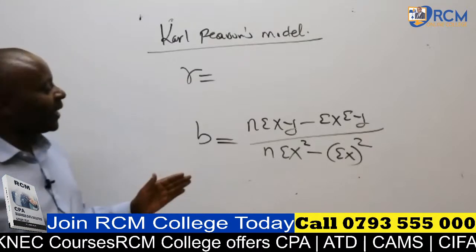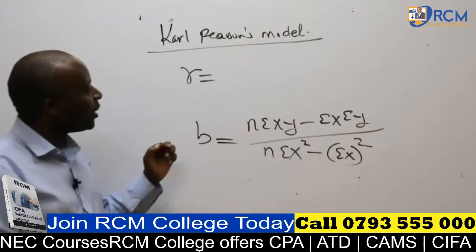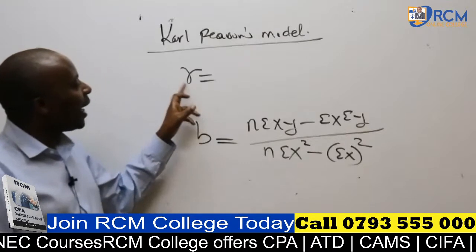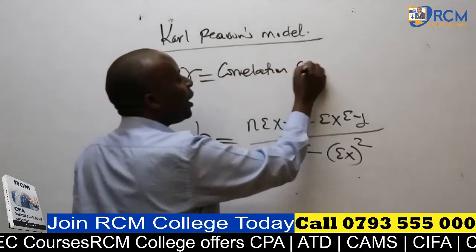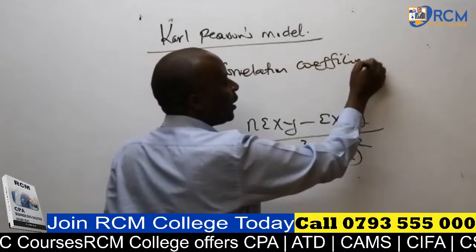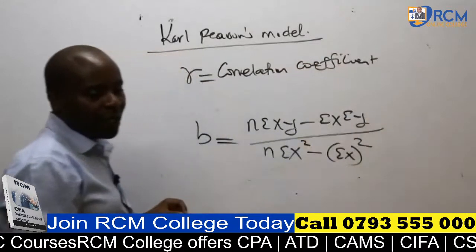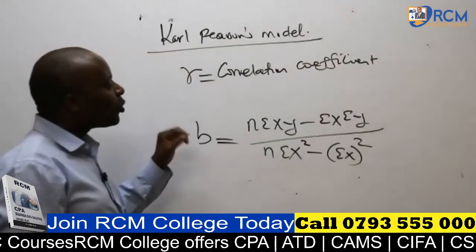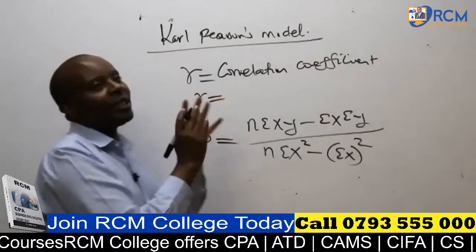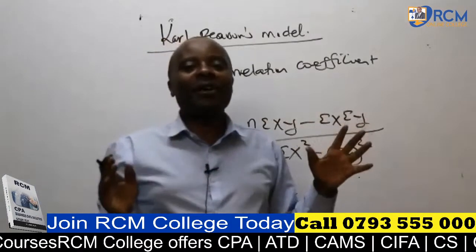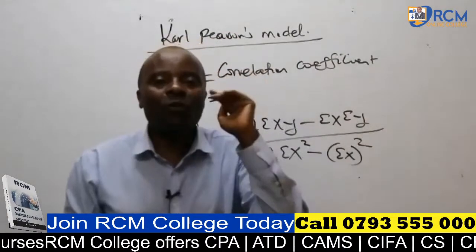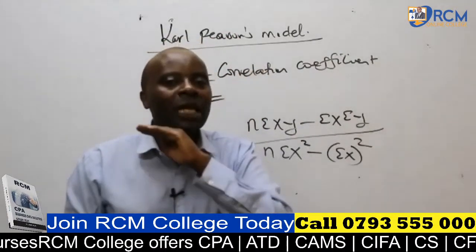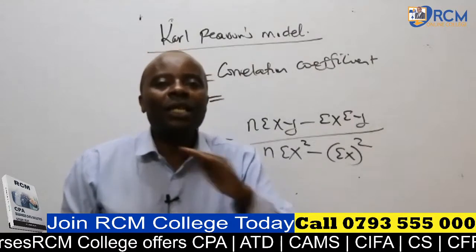Now, ladies and gentlemen, listen to me very well. Now come and get R. R stands for what we call the correlation coefficient. When you tell me to give you the correlation coefficient, I may forget about many things, but there is one thing that I will never forget: the numerator of R and the numerator of B are the same.